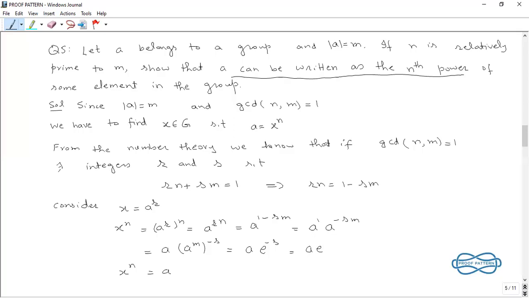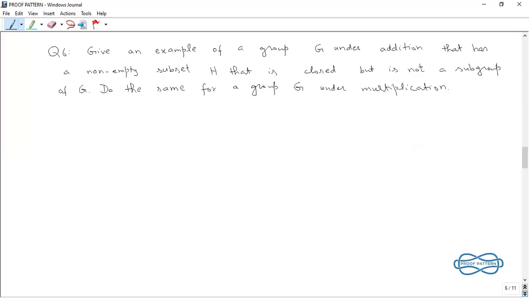Okay, we move to the next question, question 6. Okay, in this question, the statement is: give an example of a group G under addition that has a non-empty subset H that is closed but not a subgroup of G. And similarly, we have to give the same example for a group under multiplication.